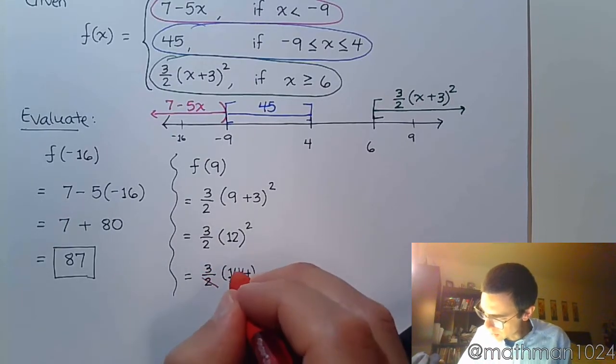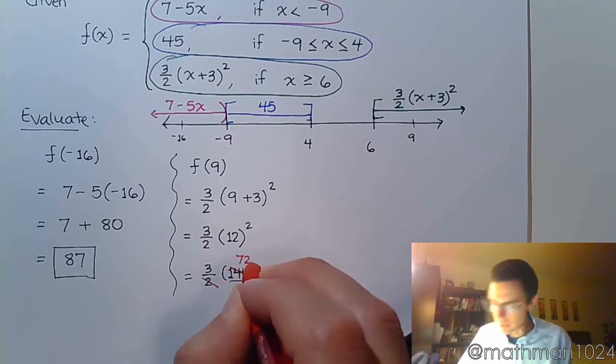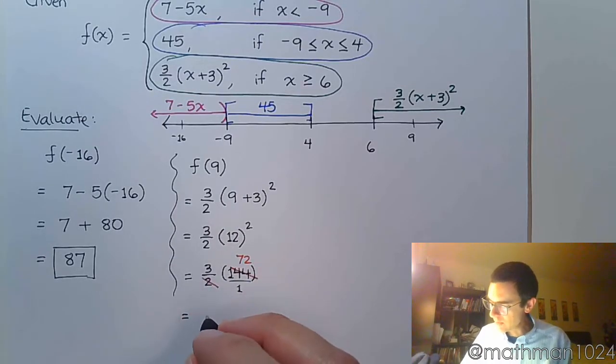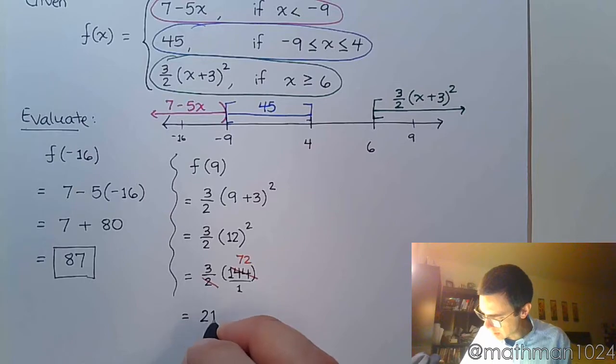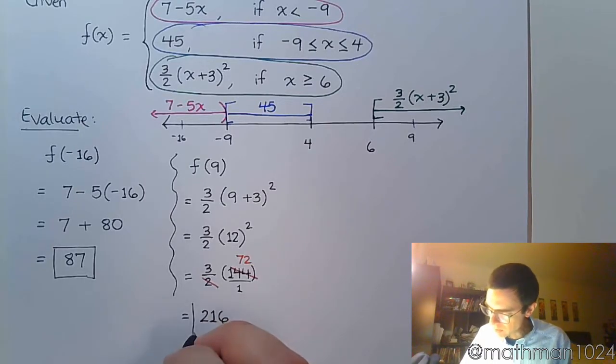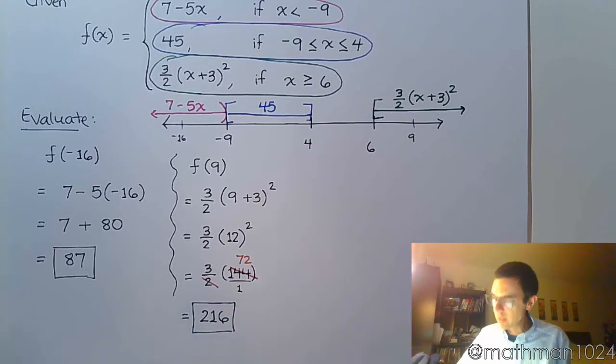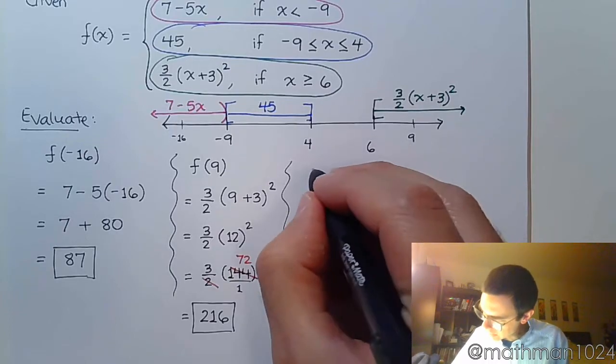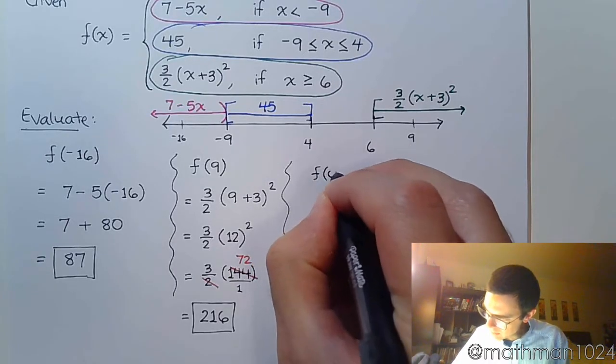So 2 goes into 144 72 times. So I'm just left with doing 3 times 72. And we have 216. All right, no sweat.